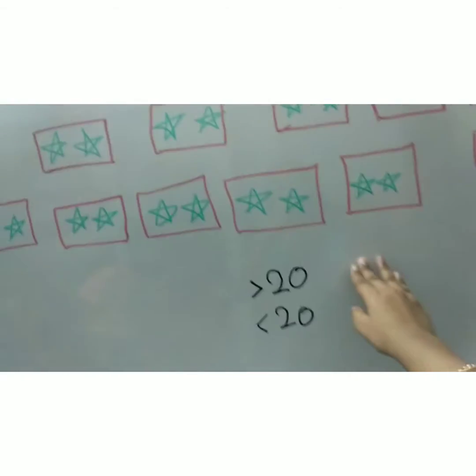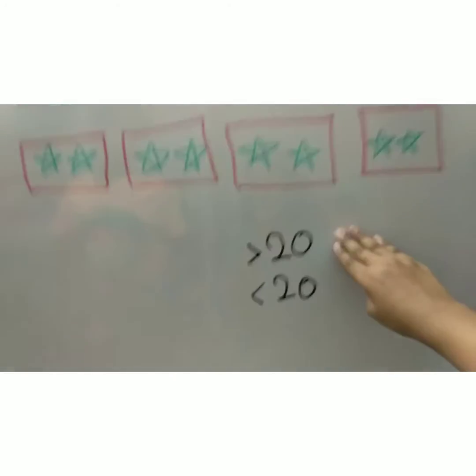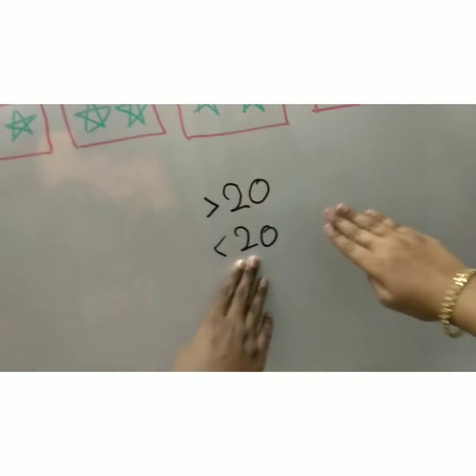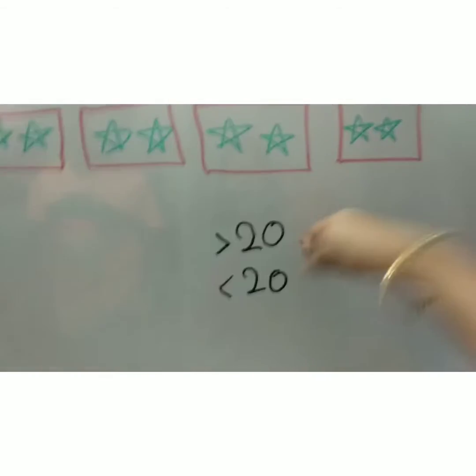Students, let's solve this problem. There are some stars on the board. These stars are arranged in pairs. Let us find out whether total number of stars are more than 20 or less than 20.